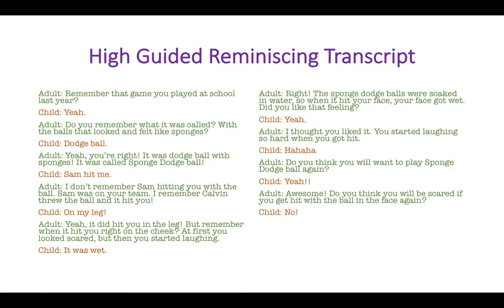This is an example of high guided reminiscing. Here, the child is still low in overall amount of talk, but the caregiver is responding in a highly expansive way. The following slide demonstrates this example in video form.